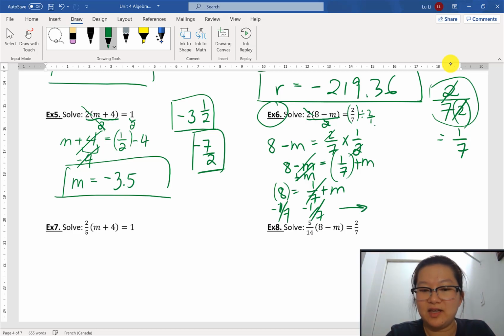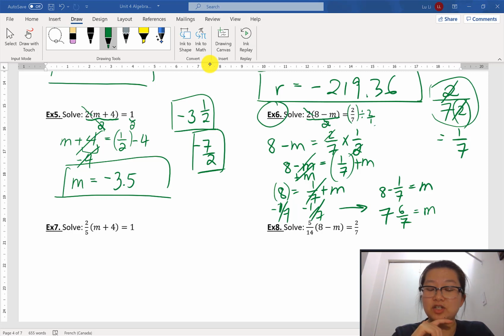So I am left with 8 minus 1 over 7 equals m. What is 8 minus 1 over 7? That is going to be 7, because we are subtracting a fraction, we're probably going to have 1 less. And 1 minus 1 over 7 is going to give us 6 over 7, so 7 and 6 over 7 equals m.